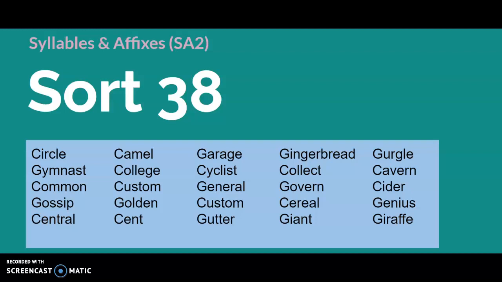Today we'll be looking at syllables and affixes, sort 38. You can see on the screen the list of all the words for this sort. I want to point out a couple to you, and then we'll talk about what we see in common in these words. First of all, there are two words here that are used abstractly, kind of idiomatically.